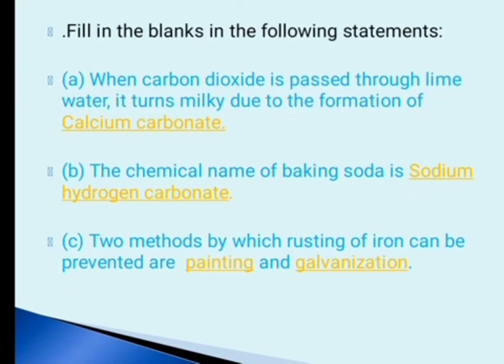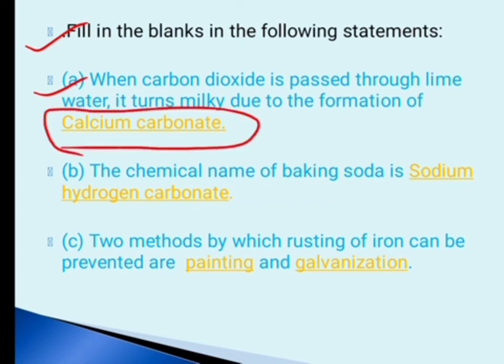Now, come to the next question, which contains fill in the blanks. First one is, when carbon dioxide is passed through lime water, it turns milky due to the formation of which substance?